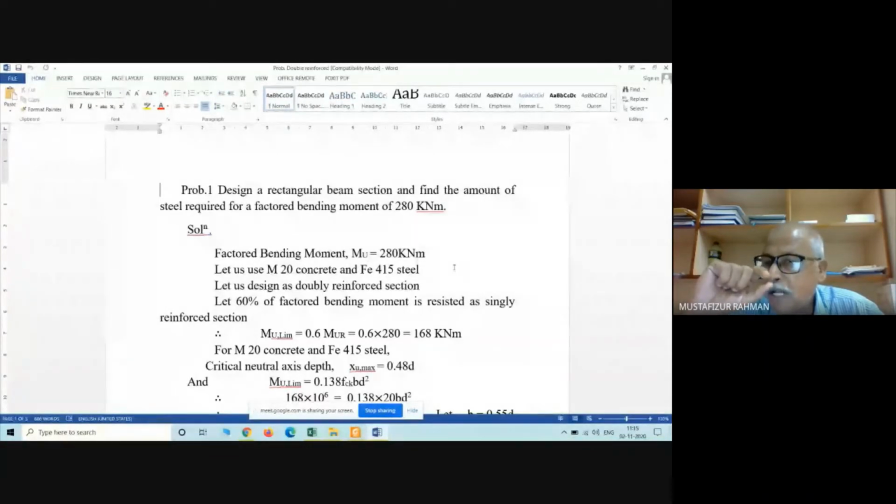So our unknowns are overall depth, effective cover, effective depth, and width B. Up till now, we have 4 unknowns. Then we have to find the area of steel required in the tension zone and the area of steel required in the compression zone.